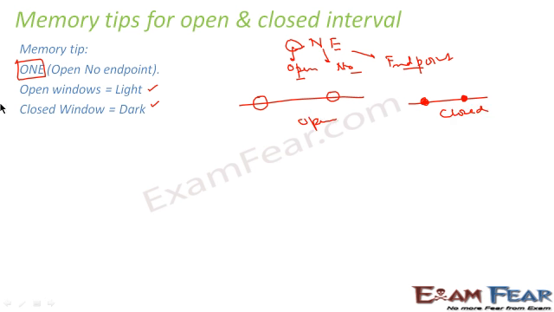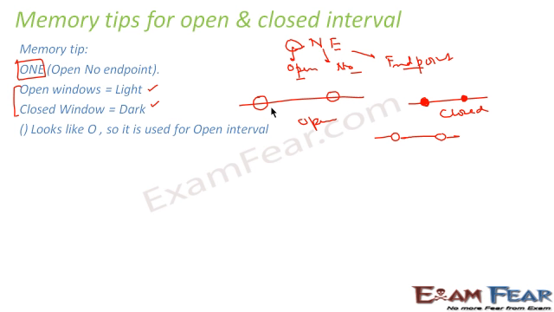It's very easy to remember. When you open windows, you get light, so this dot is light. And when you close all your windows, you get darkness, so this dot is dark. If it is dark, that means it is closed. If it is light, it is open. And open has no endpoints. O-N-E, no endpoints. So endpoints are not included in open.